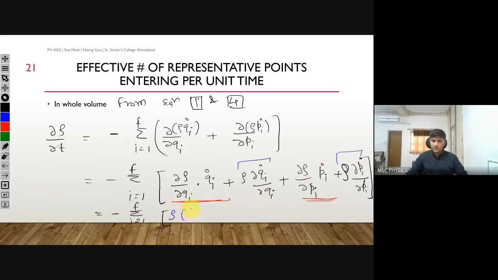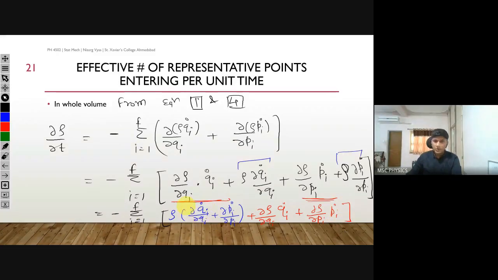So rho is common, del Qi dot by del Qi plus del Pi dot by del Pi. And the red part I'm writing in the red pen, del rho by del Qi into Qi dot plus del rho by del Pi into Pi dot. The simple mathematics it was.